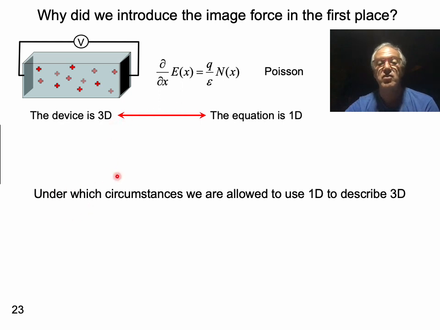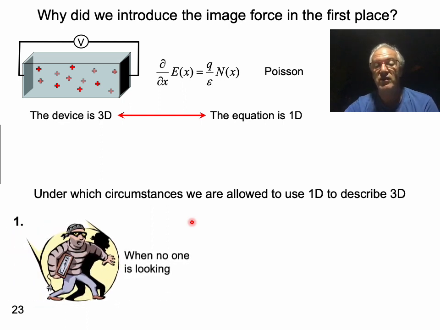And we need to ask ourselves, is it okay to use a 1D to describe the 3D problem? And while we'll ask that and try to answer it, we'll really discover why we need to introduce that correction of the image force. So basically, when are we allowed to do that?